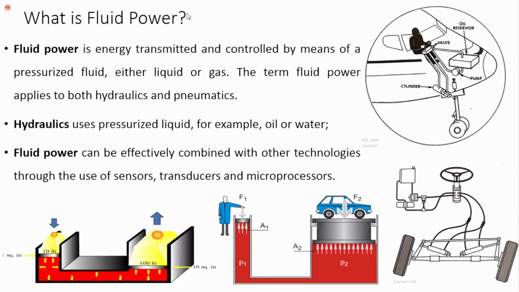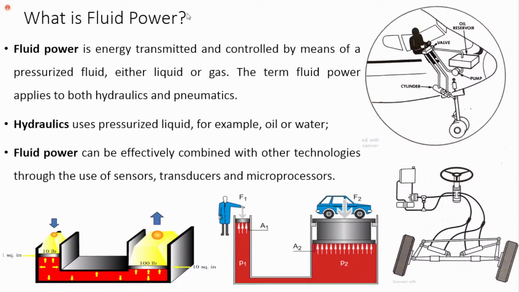If you compare the two, there is a huge difference, almost 1000 times, so much more power can be delivered by a liquid like water. That's the reason we always go for higher load and higher pressure applications in a hydraulic system.